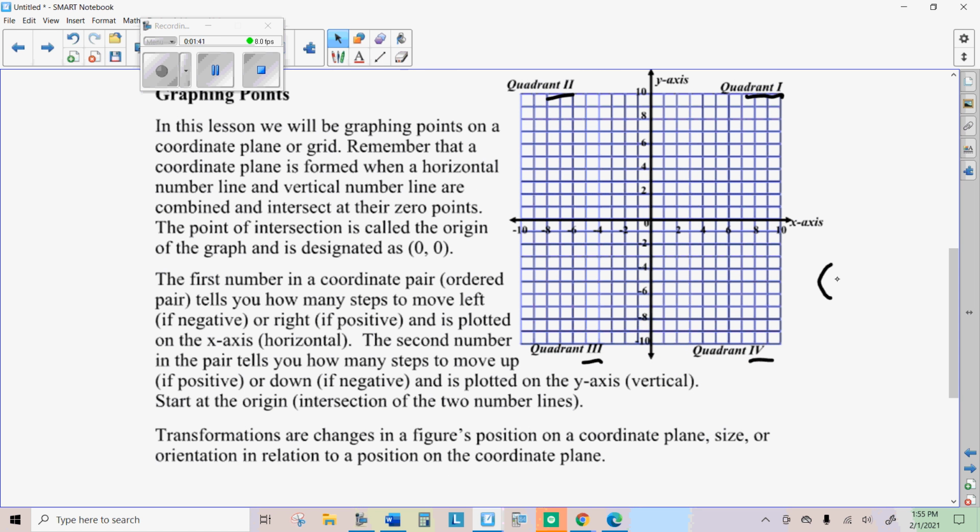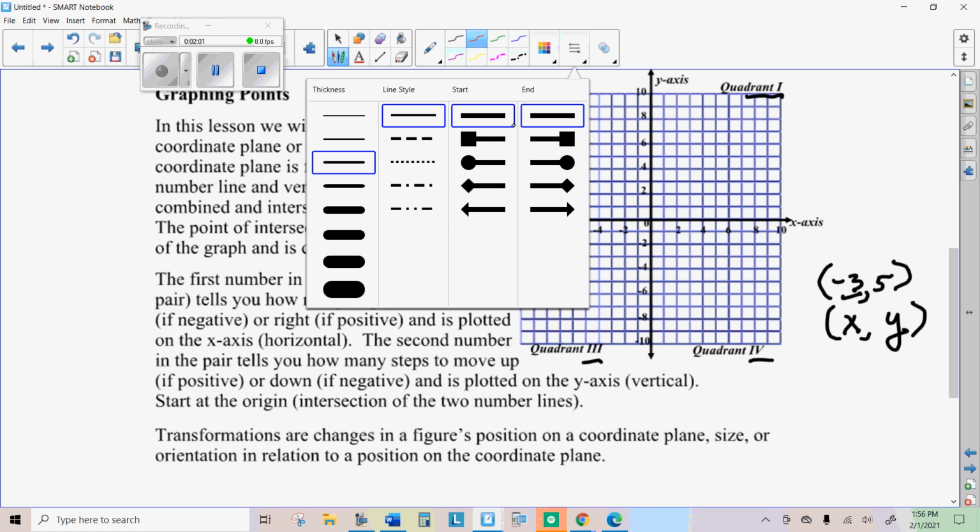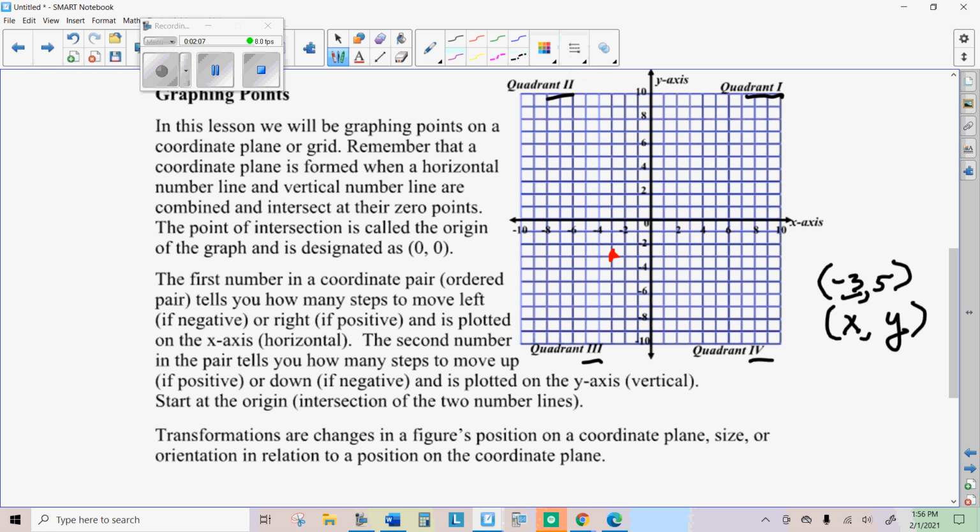Let's say we want to do the point -3, 5. So we would first go to -3 on the x-axis. So we call the point xy coordinate. -3 on the x-axis is right there.